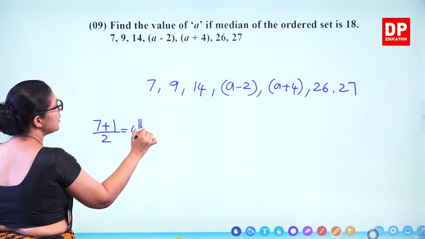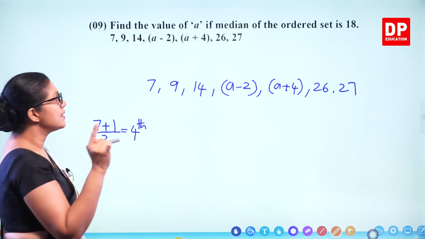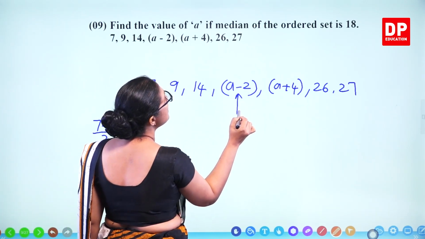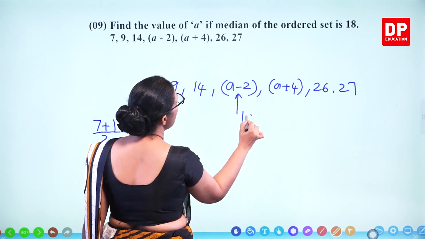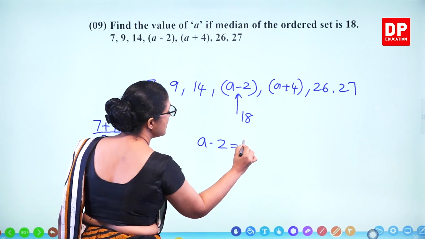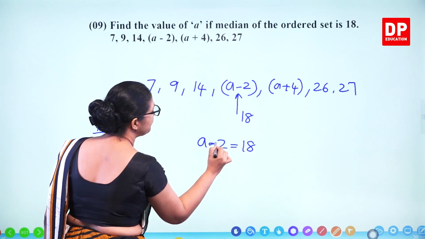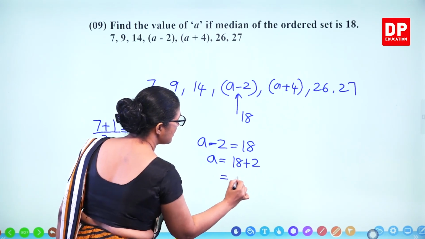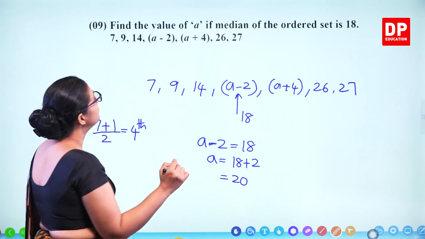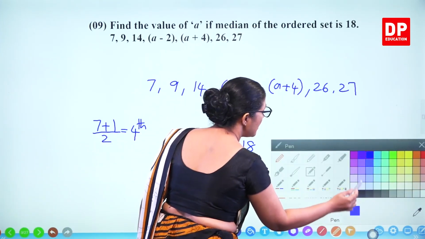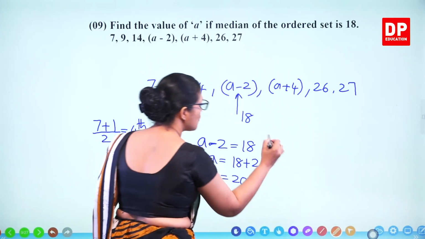So that means fourth term is the median. 1, 2, 3, 4. So this median is equal to 18. So a minus 2 is 18 means. What's the a value? 18 plus 2. That's 20. So a is 20 if the median is 18. So 2 marks.